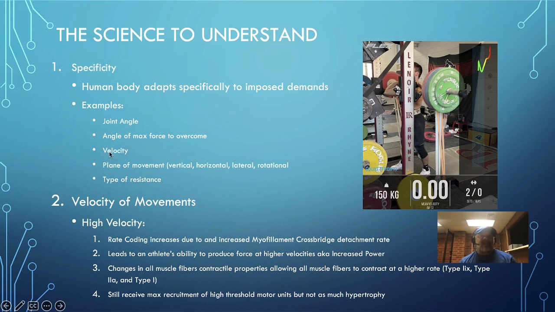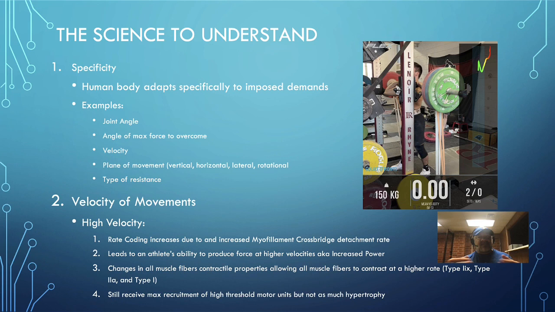Velocity: if you train at a particular velocity, you're going to get better at that velocity, and at any type of movement outside of the gym that is at that velocity, or the one that you're working in at the time. And so plane of movement. Sometimes people think plane, they're going to think transverse, frontal, sagittal, but break it down a little bit more.